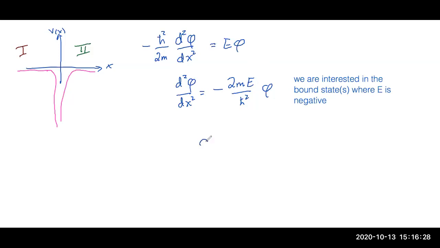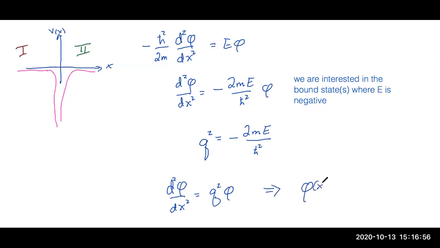And I'm then going to say, let q squared be equal to minus 2m times E, which is negative, over h bar squared. So this whole thing is actually positive. So I then have the second derivative with respect to x equals q squared phi. This gives me a solution which is phi of x equals a e to the qx plus b e to the minus qx.